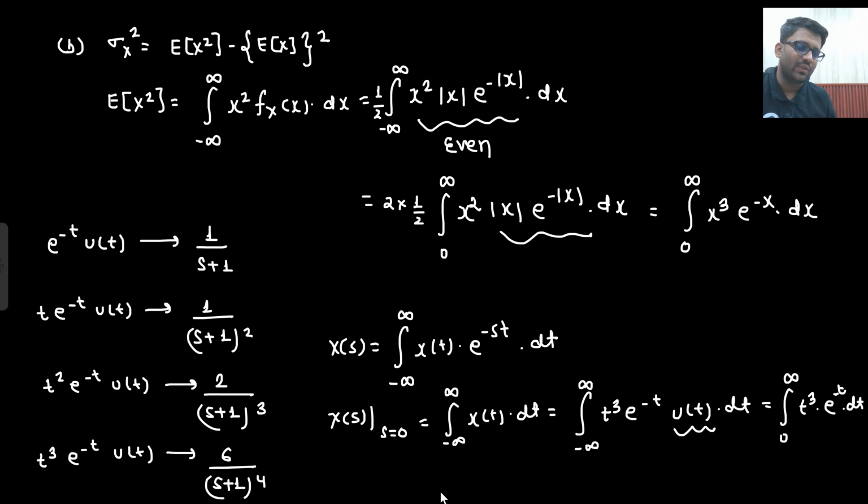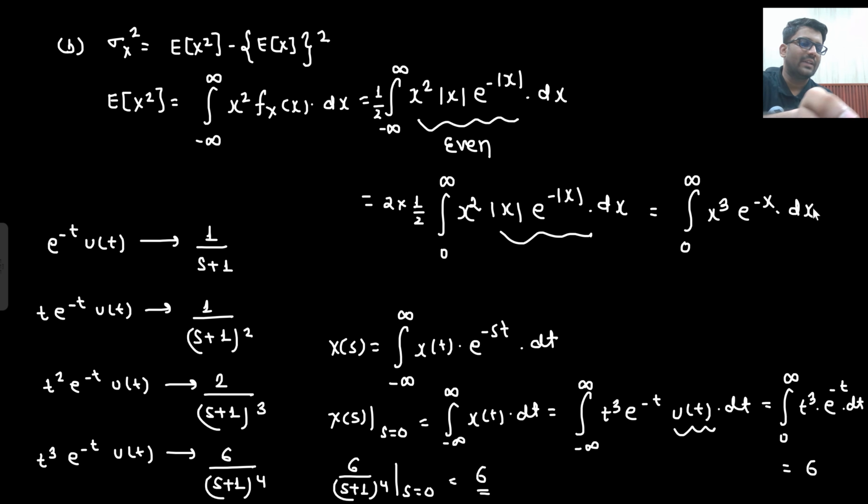Say yes or no. So you are finding the integration of t cube e to the power minus t dt. What that is coming out to be? Whatever the Laplace transform you are having, in place of s you put 0. So in place of s, if I put 0, 6 upon s plus 1 to the power 4, what I will be getting? 6. So t cube e to the power minus t dt is giving you 6.